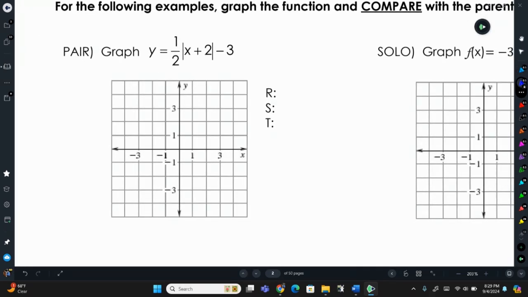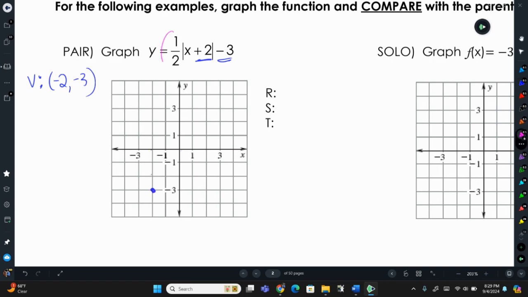All right, so the first thing we're going to do, we have y equals 1/2, absolute value of x plus 2, minus 3. Our vertex is the opposite of what we see inside, so negative 2, comma, exactly what we see, negative 3. So negative 2, down 3.